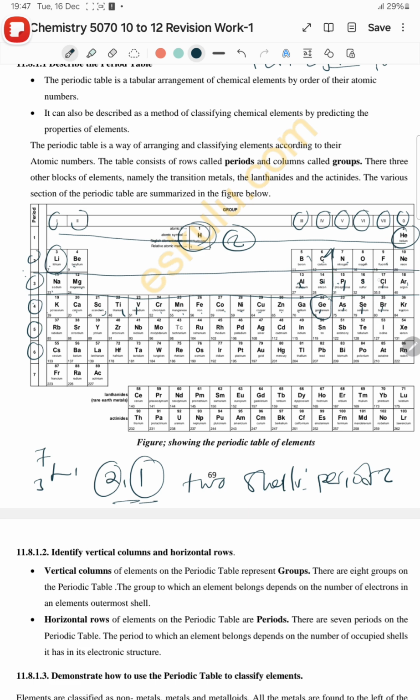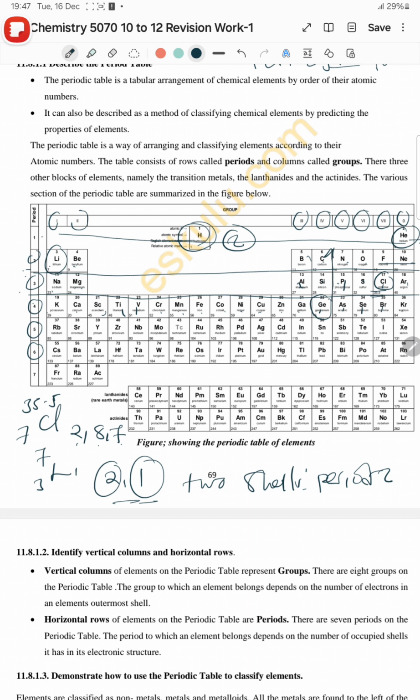Let me go to chlorine. Chlorine is Cl, 35.5, then 17. This is 2,8,7. How many shells? 1, 2, 3. Therefore it's placed in period 3. Yes, it is found in period 3 because of this.